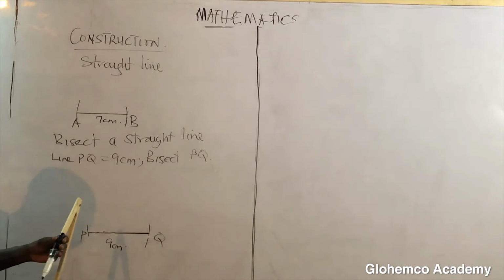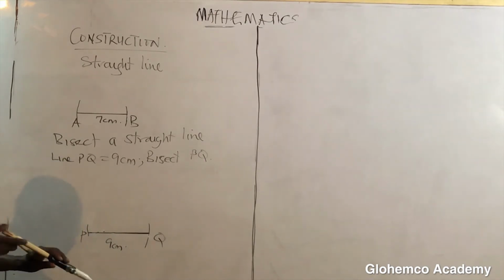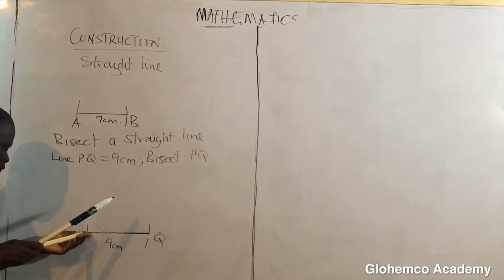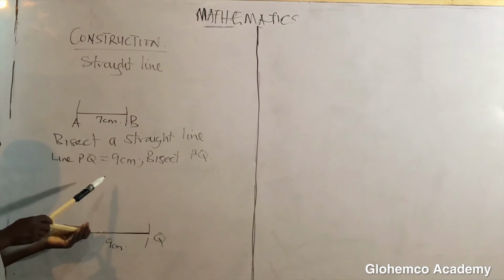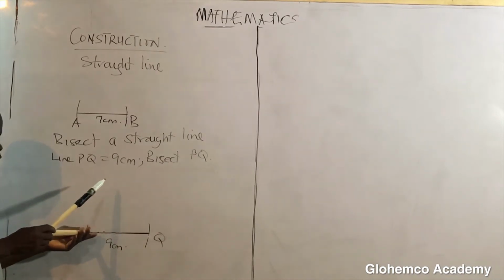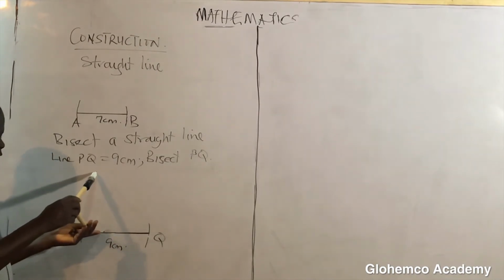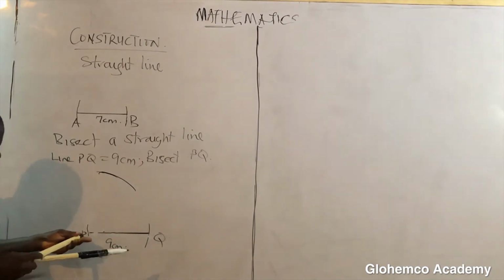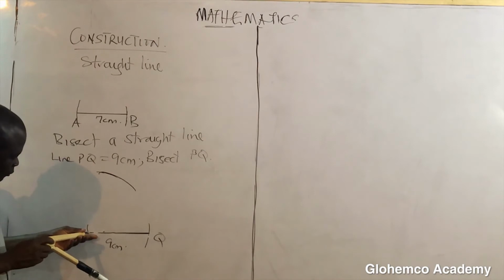By the time you open your compass, you will place the nail end on P, just like this, and then you are to mark arcs in 2 ways. You mark the first one this way, then you mark another arc from the same point.